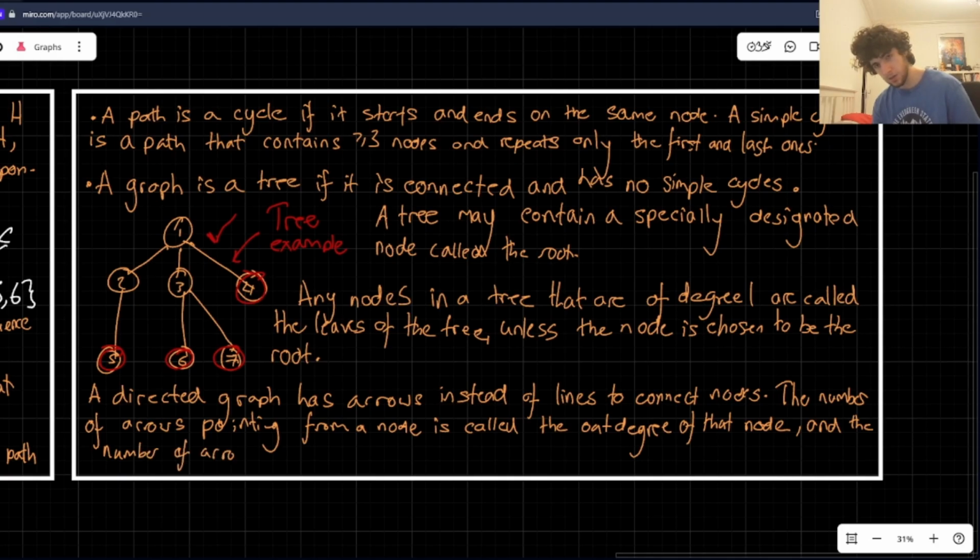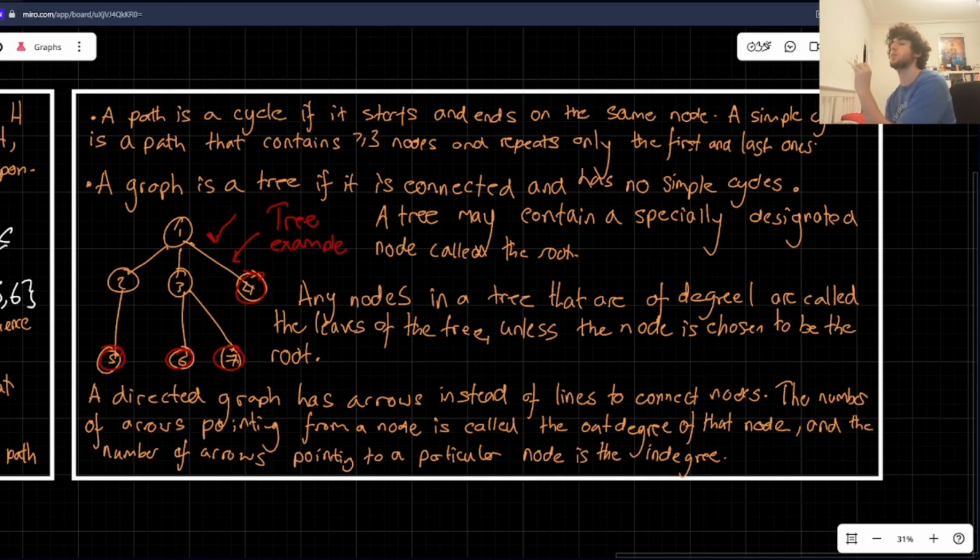So we have the out degree, which is the number of arrows pointing away from a node, and the in degree, which is the number of arrows pointing into a node. Let's look at an example.